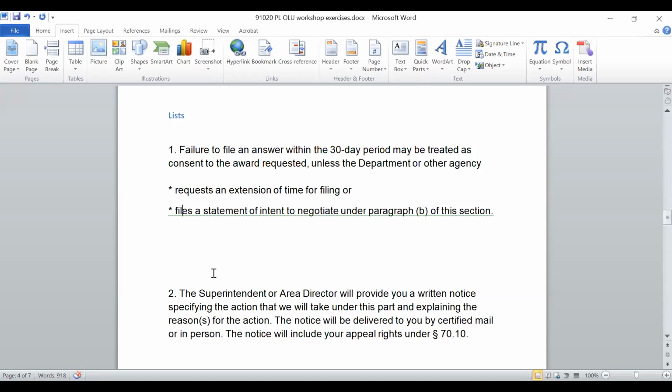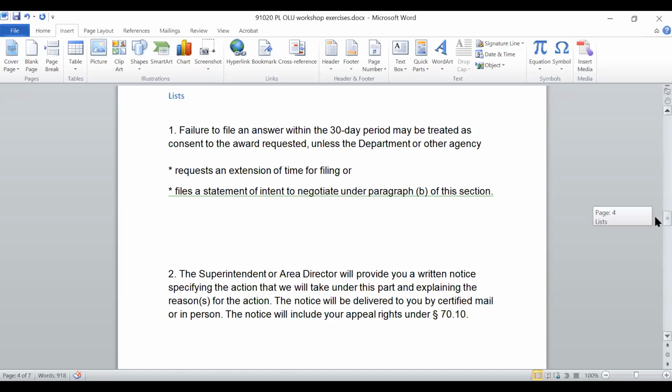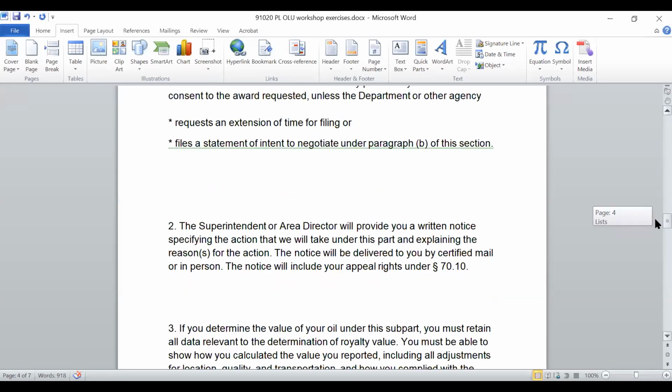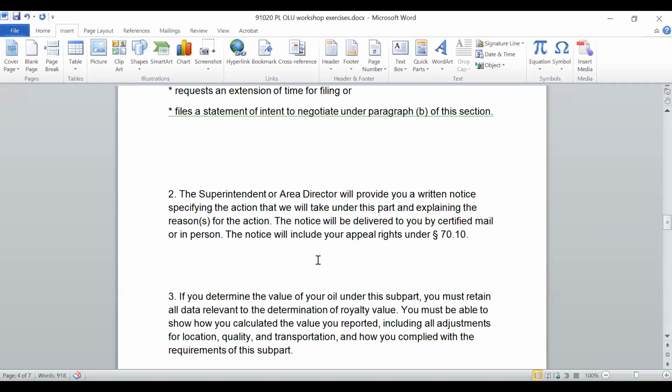Again, you look for parallelism. Requests and files are parallel. And those are the two things that have to happen: failing to file an answer is going to be consent, unless these two things happen.